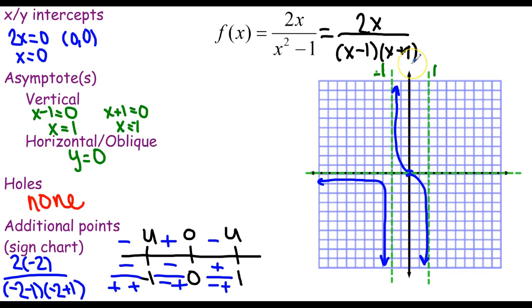So if I pick a point like 2, so 2 times 2 is a +4, so that's going to be a positive. 2 minus 1, that's going to be a positive. 2 plus 1 is also a positive. So that means that to the right of 1, I'm in the positive direction. Again, I'm not going to cross those asymptotes, but I know that I'm above the x-axis.